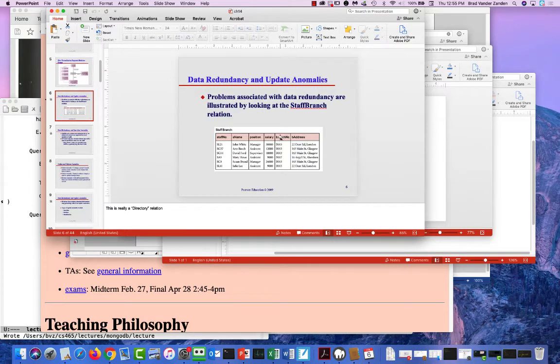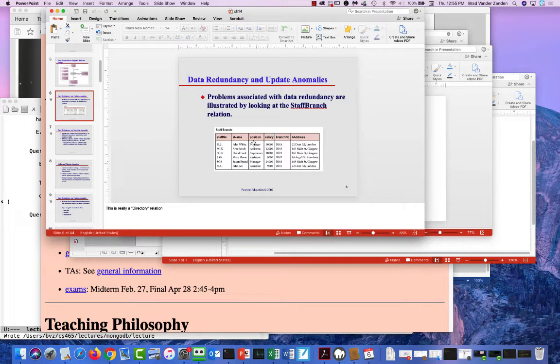So, should we move the branch number to some other relation, the branch address has to come with it because we need to preserve that constraint that the branch number determines the branch address. Or similarly, if we were to move staff number to a different relation, well, staff number determines staff name, position, and salary.